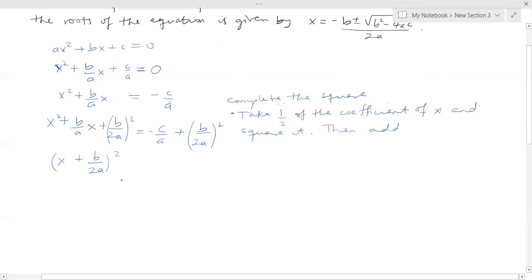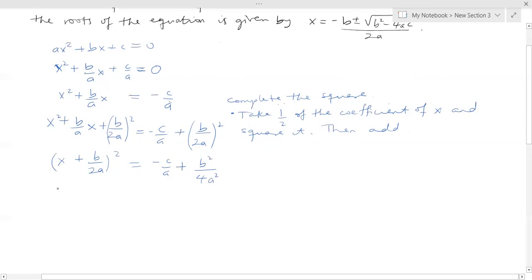That's a complete square. Okay, all right. So this now is equal to negative c over a plus, let's simplify this, b squared over 4a squared.